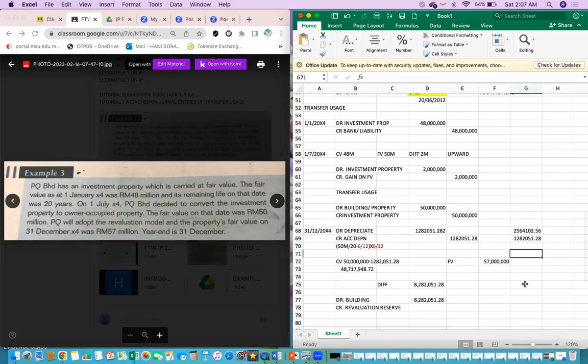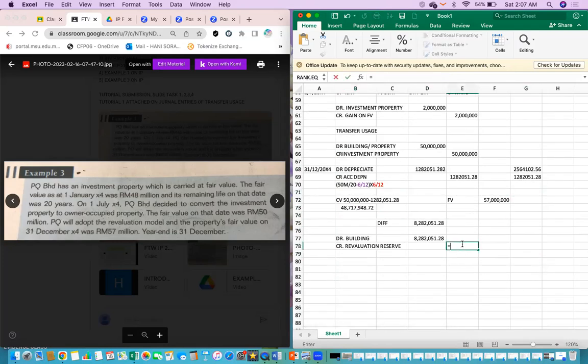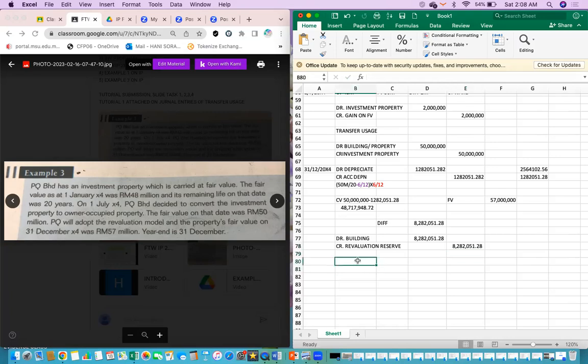Okay, right. So revaluation reserve this much. Another thing that you have to do is debit accumulated depreciation to remove the depreciation, 1,282,051.28, and then credit building.